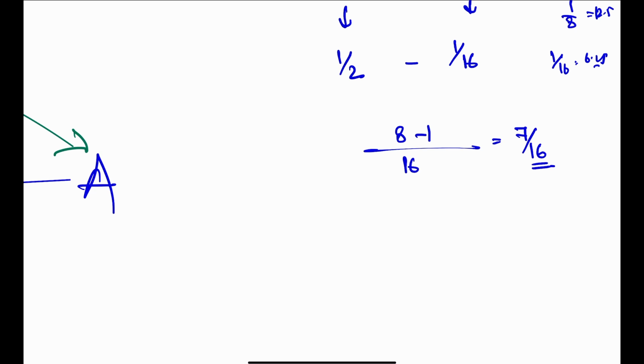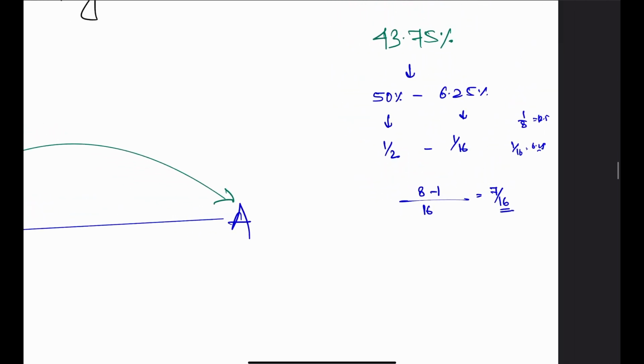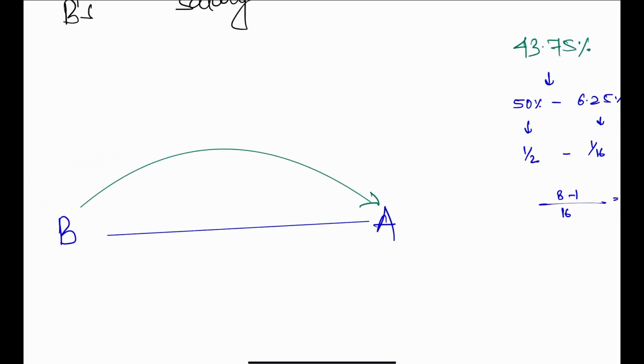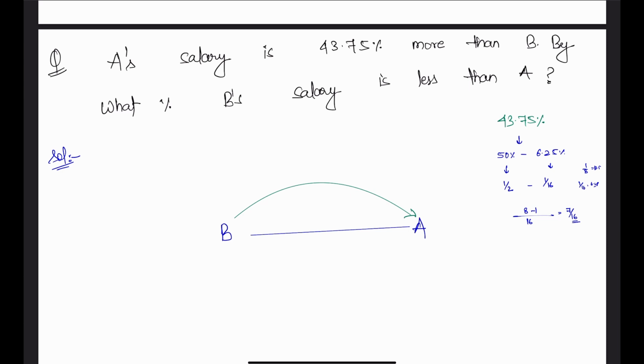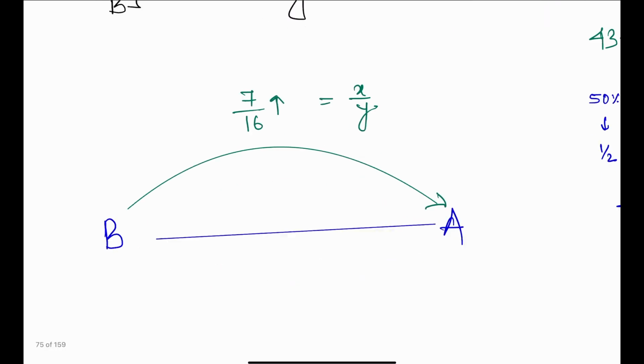Okay, yeah, I got it in the beginning, so why I made a mistake with 6.25 into 7, I don't know. So 7 by 16, it is more by 7 by 16. So let's just rewrite as 7 by 16 more, and this is nothing but x by y.